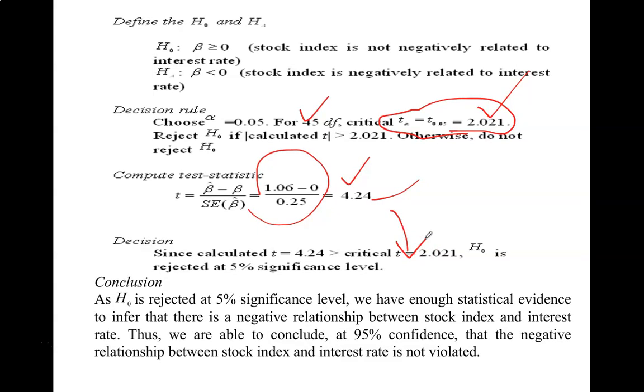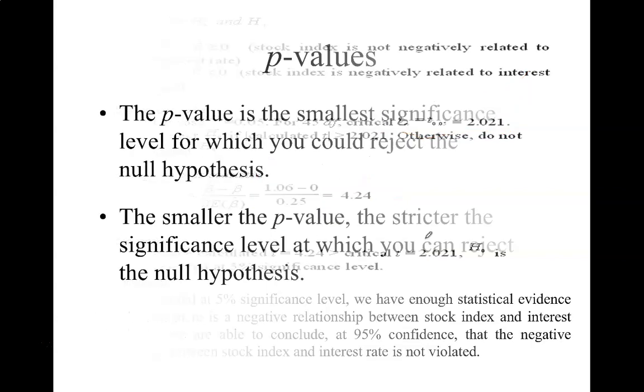We found that it is rejected, which means they are not equal, in that sense we reject the null. The stock market is negatively related to interest rates in that sense. All right, so that's what we are doing here.